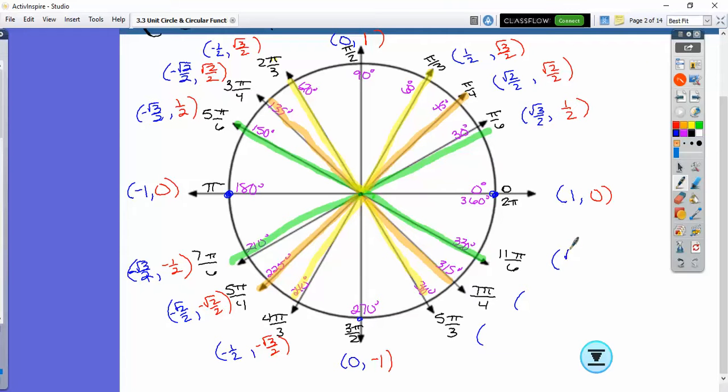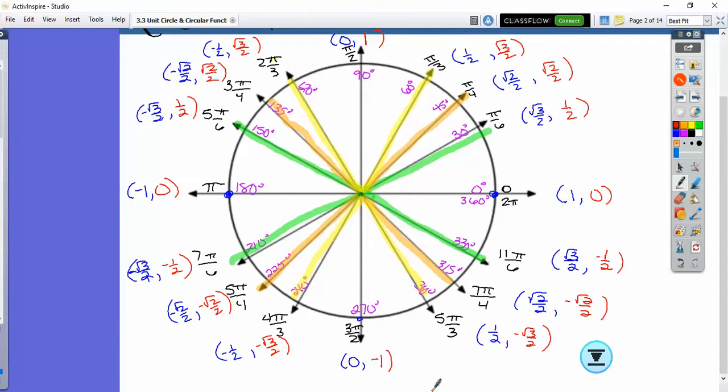So my 11 pi over 6 would look like the pi over 6 point, except the y is a negative 1/2. 7 pi over 4 would look like my pi over 4 point, except the y is a negative radical 2 over 2. 5 pi over 3 looks like pi over 3, except the y is a negative radical 3 over 2. So this is the complete unit circle with everything we will put on here.